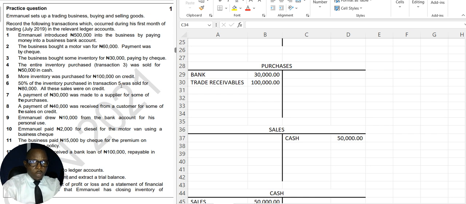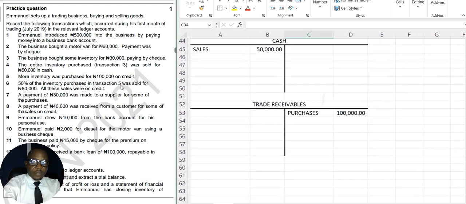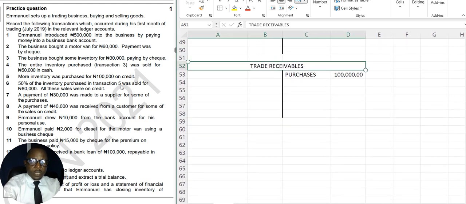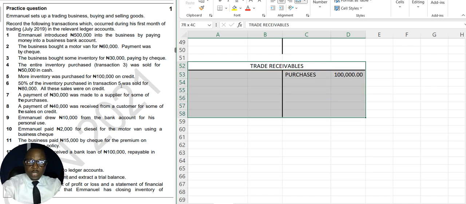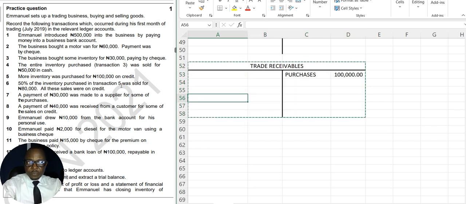All these sales were on credit. Already you have credit purchases, now you have credit sales, and you represent credit sales with what? With trade payables, or trade receivables rather. Trade receivables.